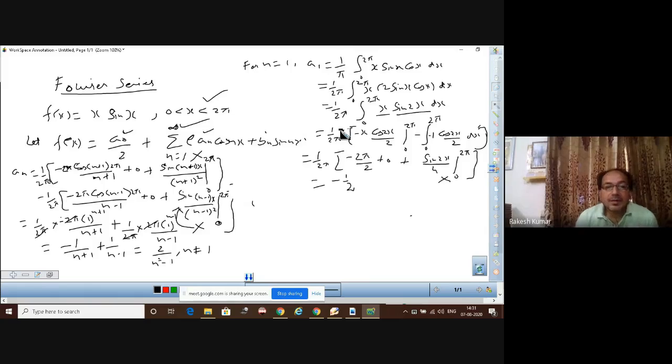So remember, for n equal to 1, the value of a1 is minus 1 by 2. The value of a_n is 2 upon n square minus 1, and the value of a1 is minus 1 by 2. Remember, we shall substitute later on.